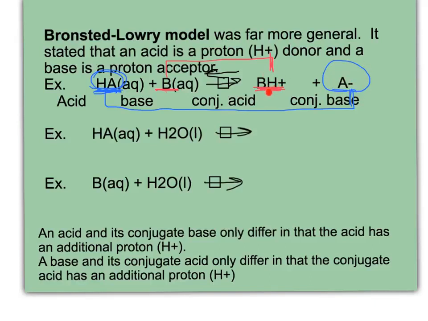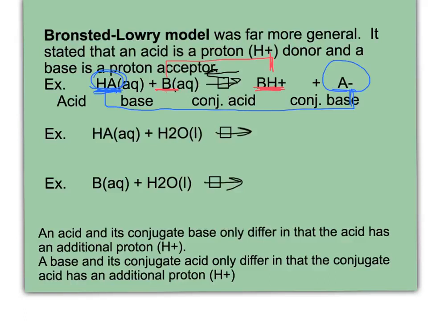According to the definition, an acid is a proton donor, so it gives away a proton. When it gives away a proton in the reversible reaction, it turns into B. And A minus is my conjugate base. A base is a proton acceptor, so that means it gains an H plus. When A minus gains an H plus, it turns into HA.